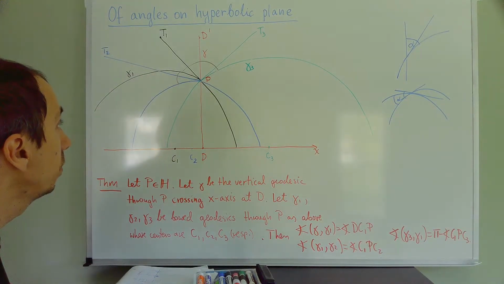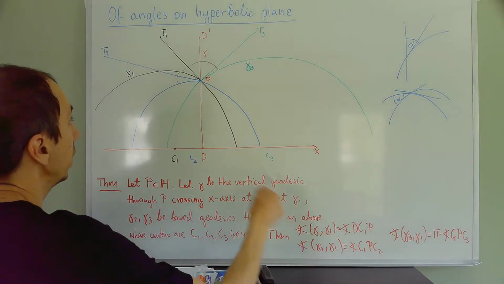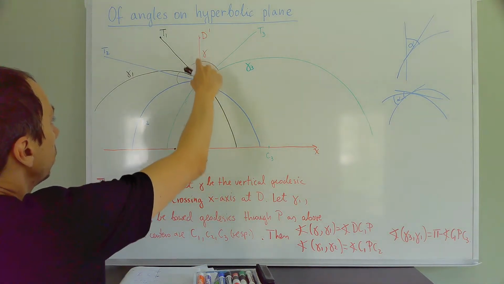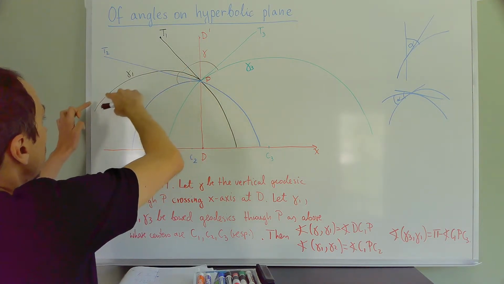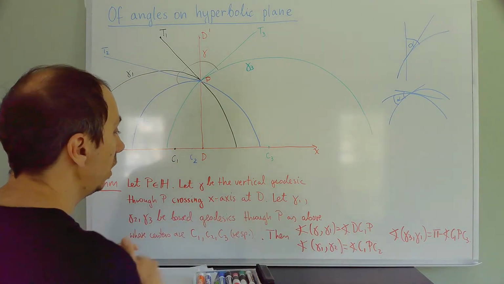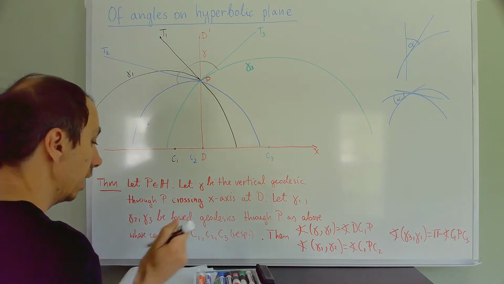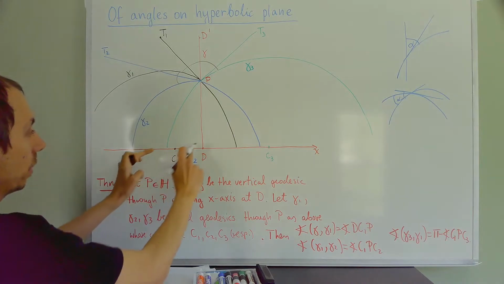So the theorem tells me that if I want to compute the angle between gamma and gamma 1, that is the angle from the vertical line, which I didn't draw here on the picture, to the black one, then that's the same as the angle D C1 P. So that is this triangle here. I don't want to draw any more on the picture.